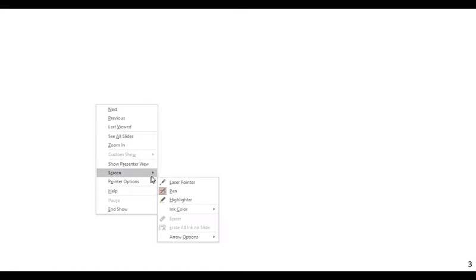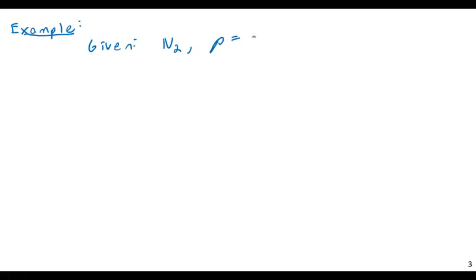All right, so let's look at an example of this. This is going to be example 1.45 in your text. So let's take a look at this here. Let's say we are given that we have nitrogen, N2. It has a density of 4 kilograms per cubic meter.